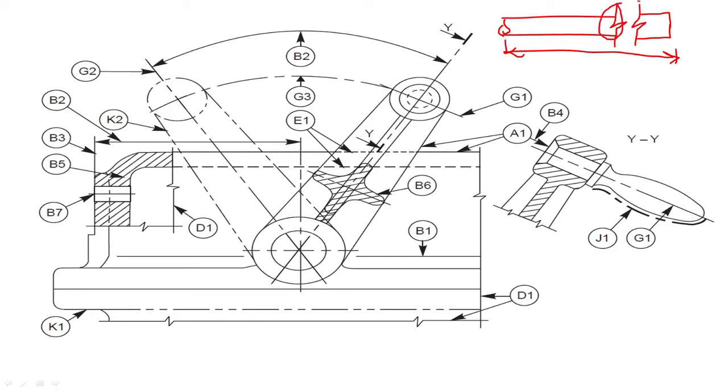That is a breakout part. Next you have different lines here. G line is there, B line is there. B line is used to indicate the dimensions. K line is also here. It represents the movable part, thin lines and all those things.